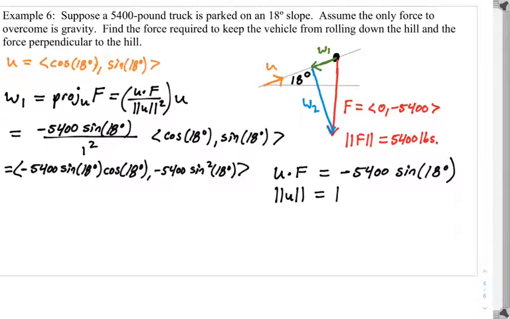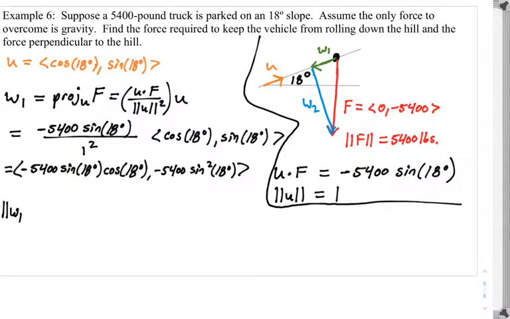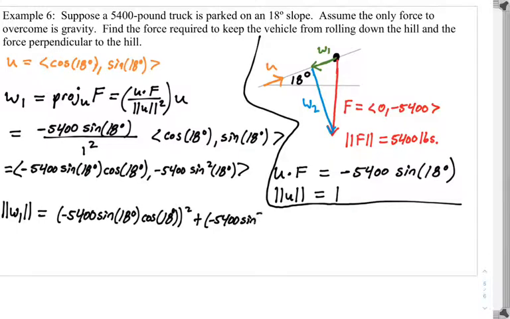Now we find the force required to keep the vehicle from rolling down. That would be finding the magnitude of W1. So the magnitude of W1 is the square root of negative 5,400 sine of 18 degrees cosine of 18 degrees, squared, plus negative 5,400 sine squared of 18 degrees, squared.